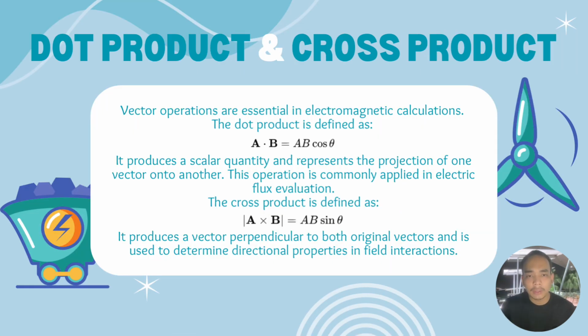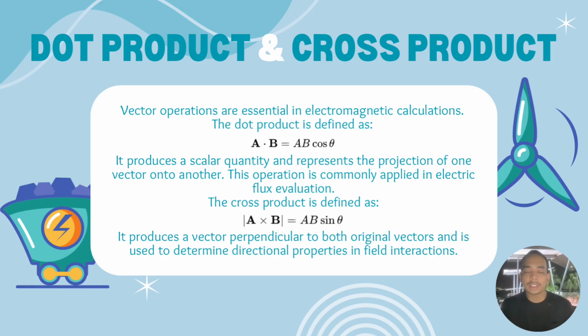Next slide is about dot product and cross product. The dot product between two vectors is defined as A dot B equals AB cos theta. This operation produces a scalar and represents the projection of one vector onto another. It is commonly used in electric flux calculations.